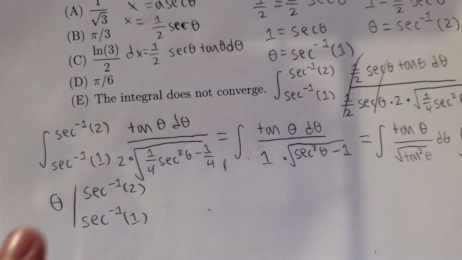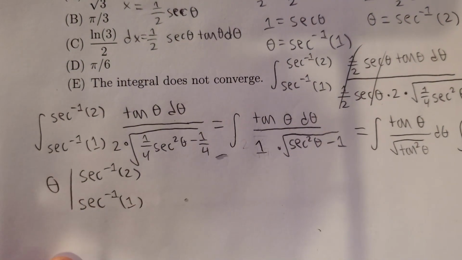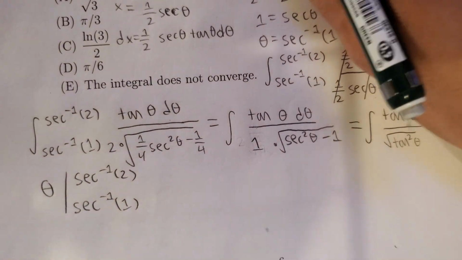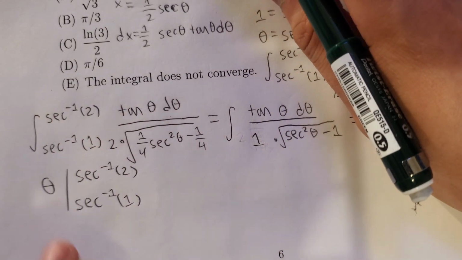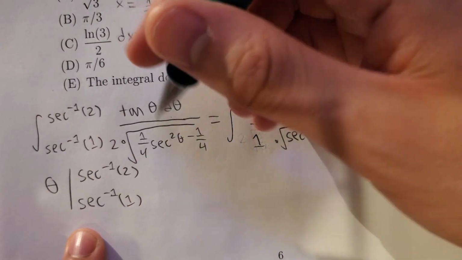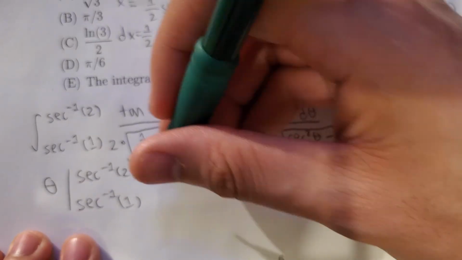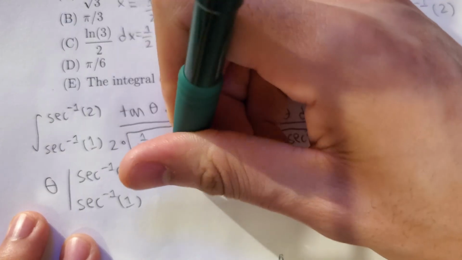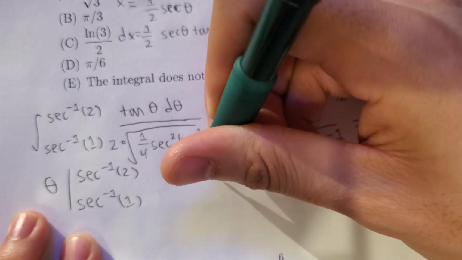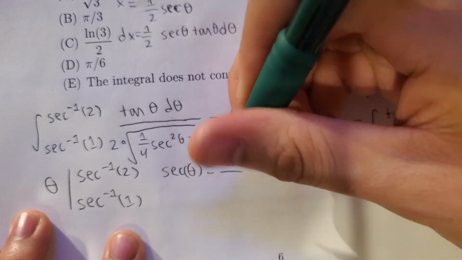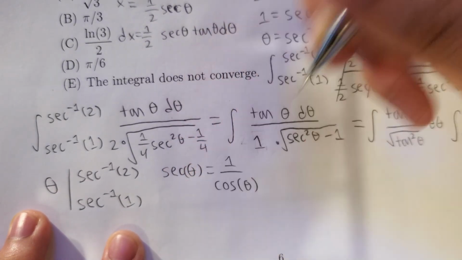Now also, these boundaries are not as bad as they look. At a first glance, it might look a little scary, but I'm going to relate this to cosine, and it's going to make more sense. So we know that secant of theta is equal to 1 over cosine of theta.